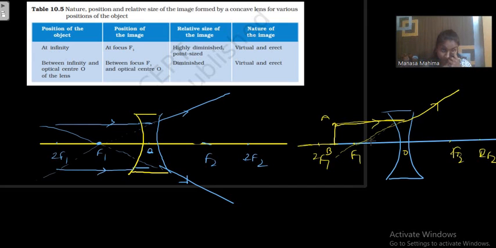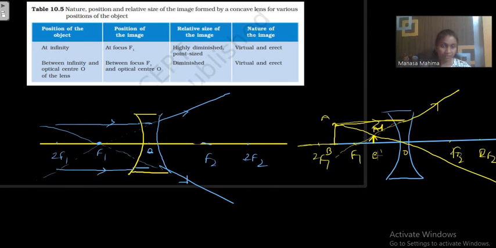One more ray that I will consider is the ray that is passing through the optic center. So the image is formed here, correct? This is A prime and B prime, that is between F1 and O.